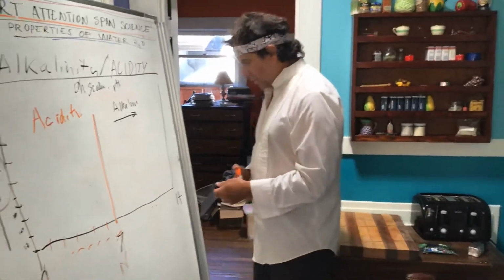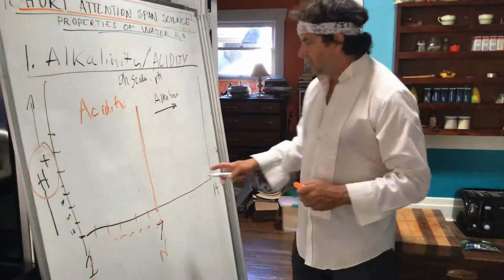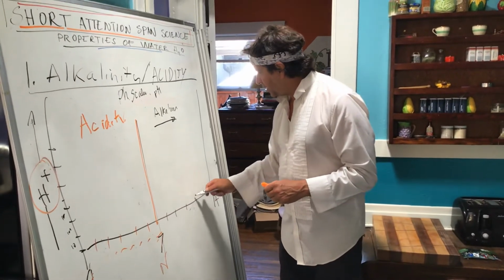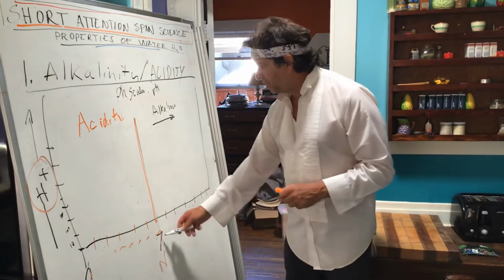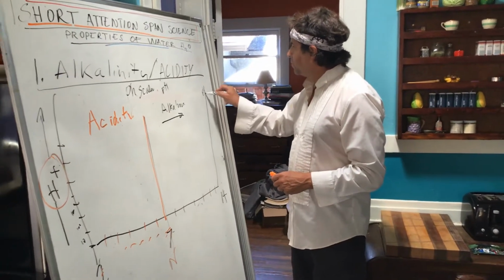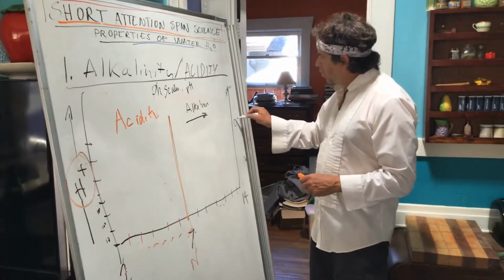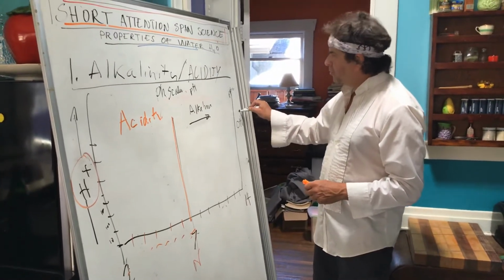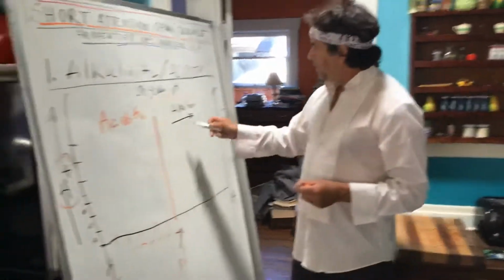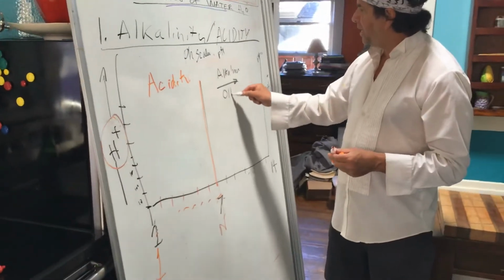Over here, you have the alkalinity scale going to 8, 9, 10, 11, 12, 13, 14, and up here parts per million of these OH negative ions. Two important things: this side has more OH negative ions, and this side has more H positive ions.